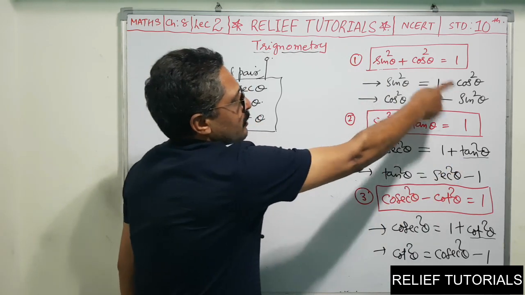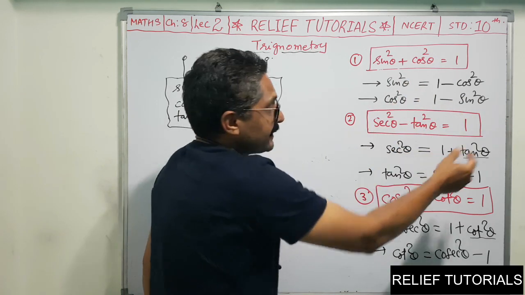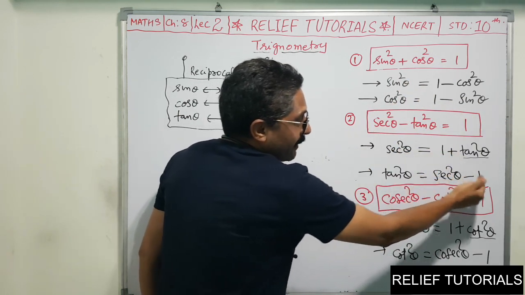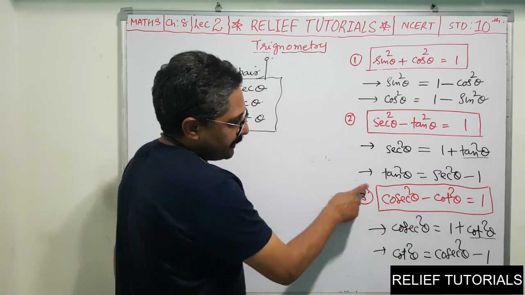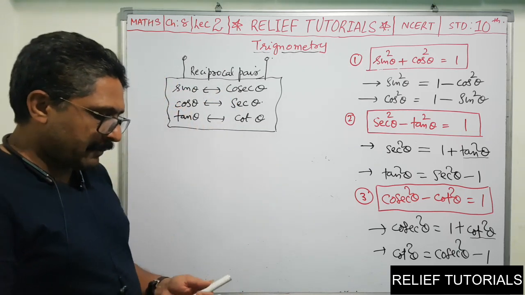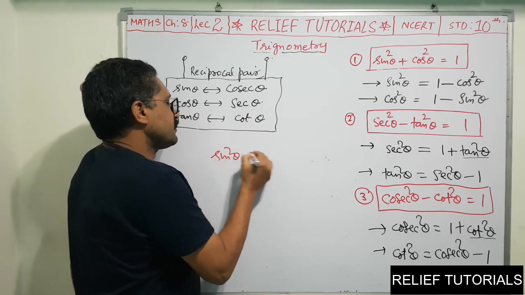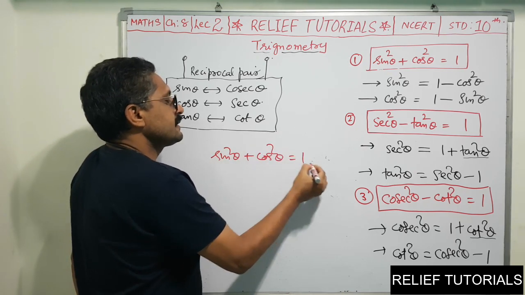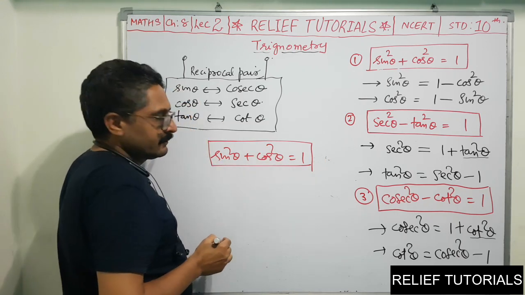Sin square is 1 minus cos square, cos square is 1 minus sin square, sec square is 1 plus tan square, and sec square theta minus 1, not 1 minus sec square theta, see here. Similarly here. So what you have to remember? In the square formulas, sin square theta plus cos square theta is equal to 1. This is the basic identity, with two basic ratios, sin and cos.